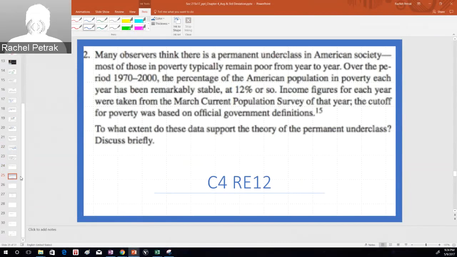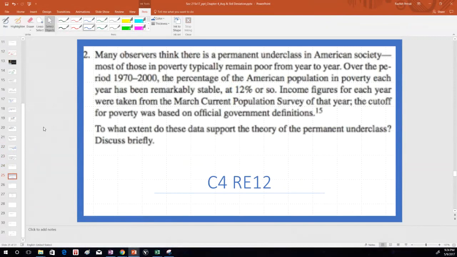So there's a couple of ways to think about this. The data, for one, are cross-sectional, and we didn't talk about experimental design much today. Don't worry about that. We're going to revisit the various experimental designs. But in a cross-sectional survey, which was introduced in the chapter, we are not following the same subjects year to year.